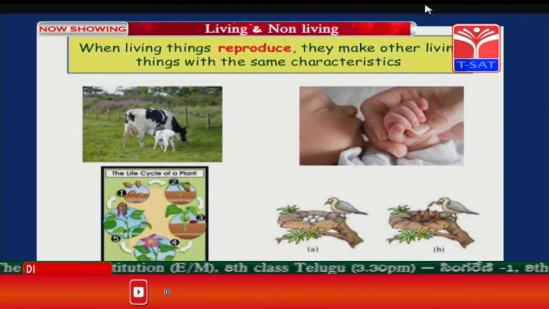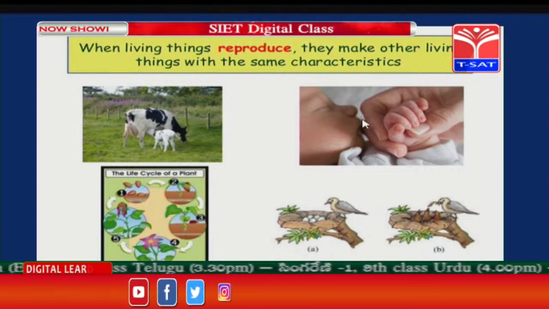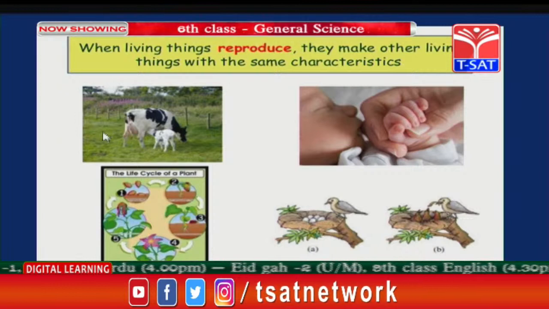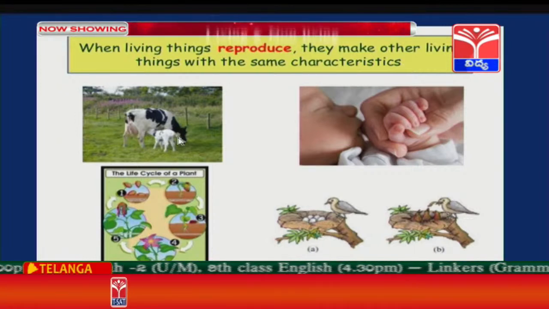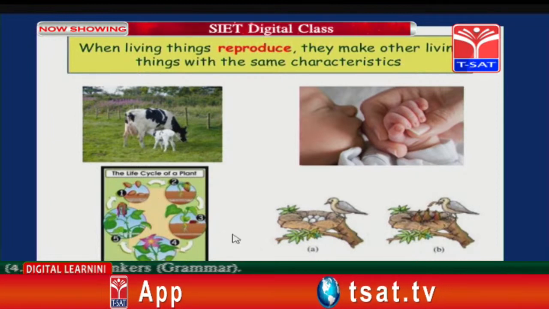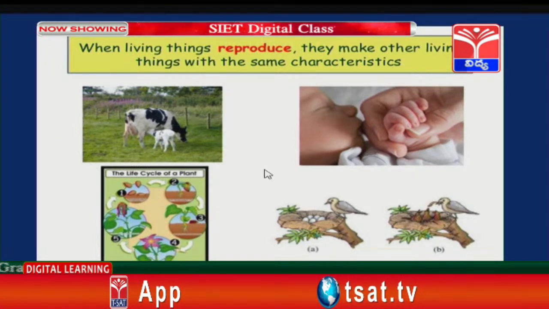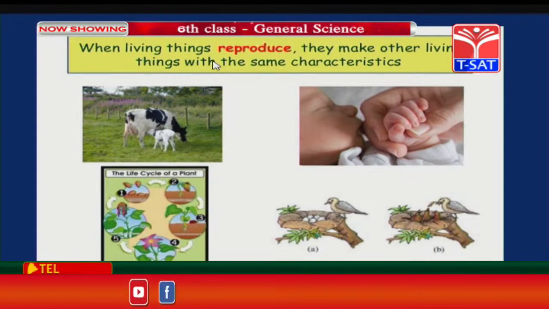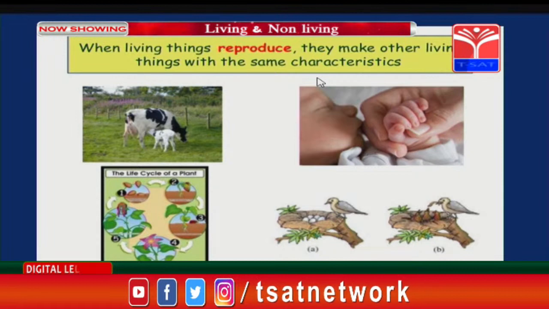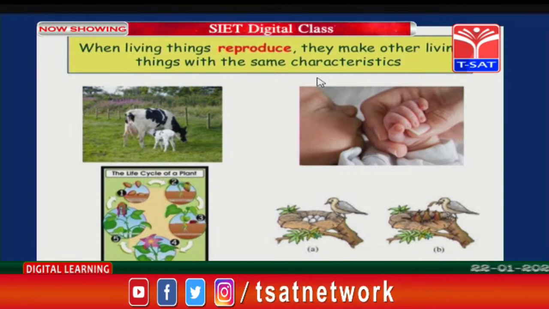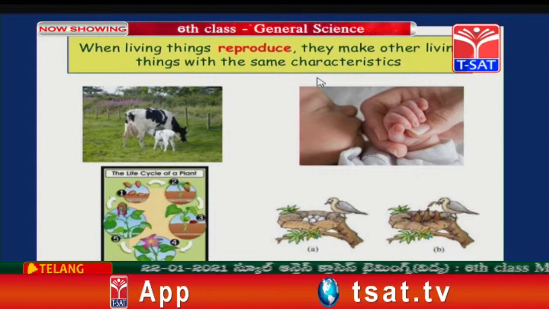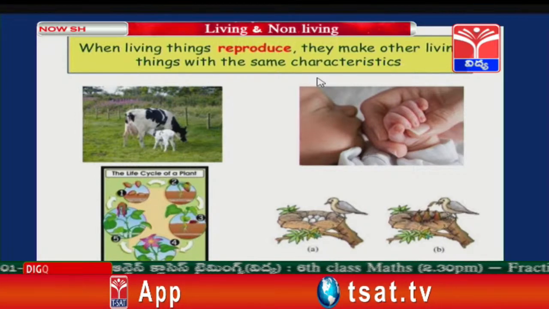In the second one, a small baby is born, having the characteristic features of human beings only, whereas the cow's calf has characteristic features similar to the cow. You can see plants also, some birds also. When the process of reproduction takes place, they produce offspring which have the same characteristic features and also have the capacity to reproduce once again. So, this is the main characteristic feature of living things, that is, they can reproduce.